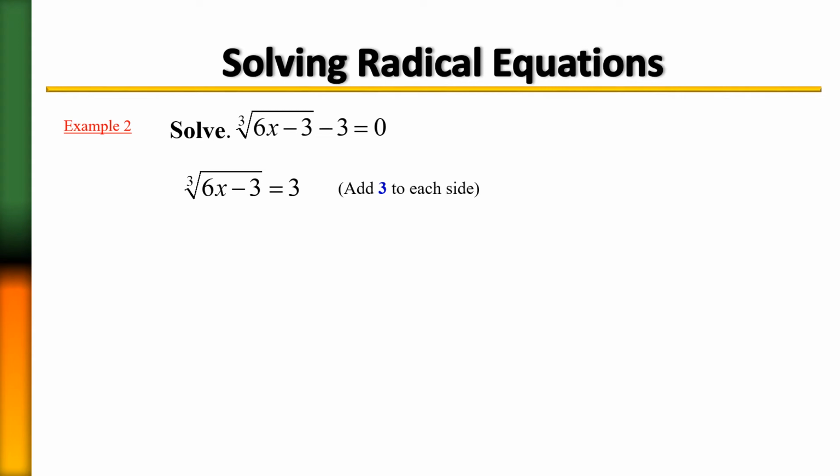So let's go ahead and cube both the left and the right side so that we can remove the radical symbol and everything that's attached with it. So on the left side, we're going to bring down 6x minus 3. And on the right side, when we multiply the number 3 three times, we're going to get 27.